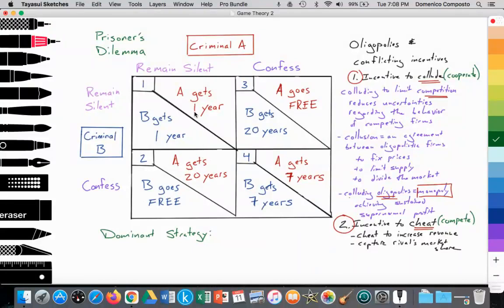So what should criminal A and criminal B do? Well, obviously the best rational option is to cooperate and to remain silent. But the police, knowing that there's this strong incentive for the two to collude or cooperate, will keep them in separate rooms.